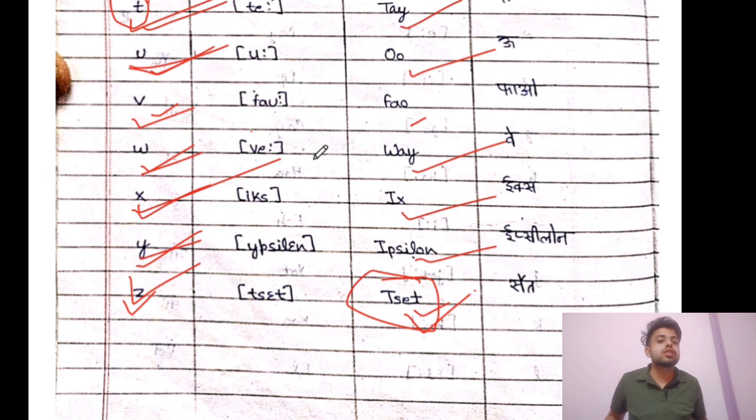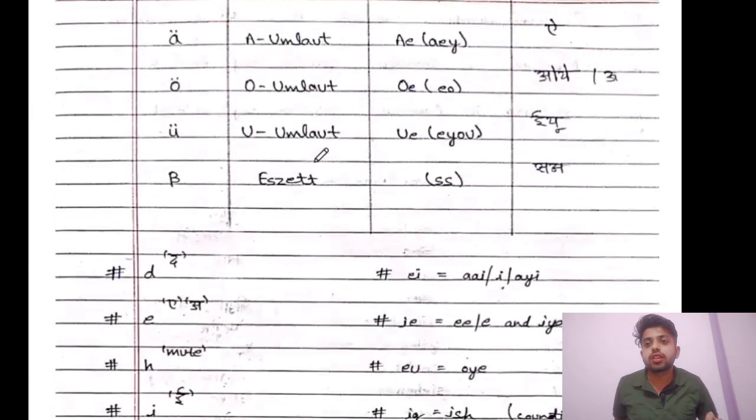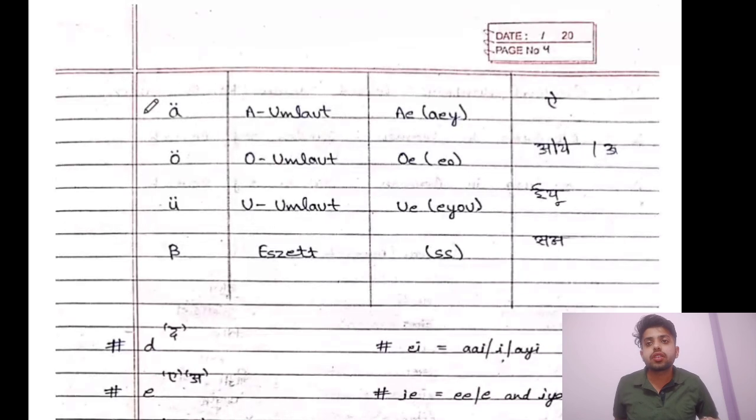Now there are another 4 alphabets also, so let's move further. That's our first umlaut, that's pronounced as Ä.